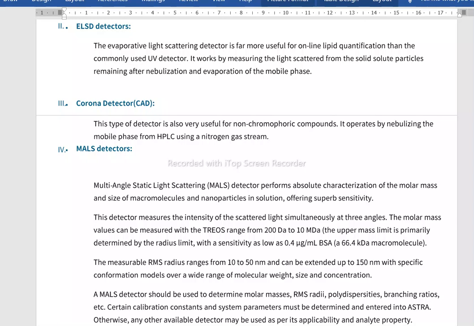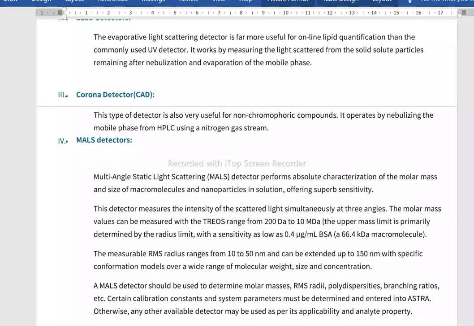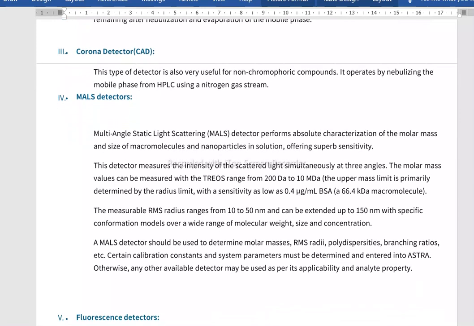This means a 66.4 kDa macromolecule. The measurable RMS radius ranges from 10 to 15 nanometers and can be extended up to 150 nanometers with specific conformation models, over a wide range of molecular weight, size and concentration.